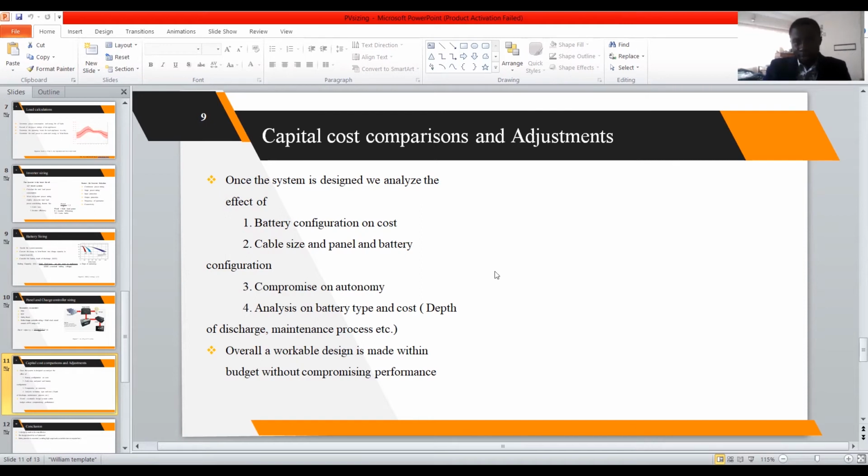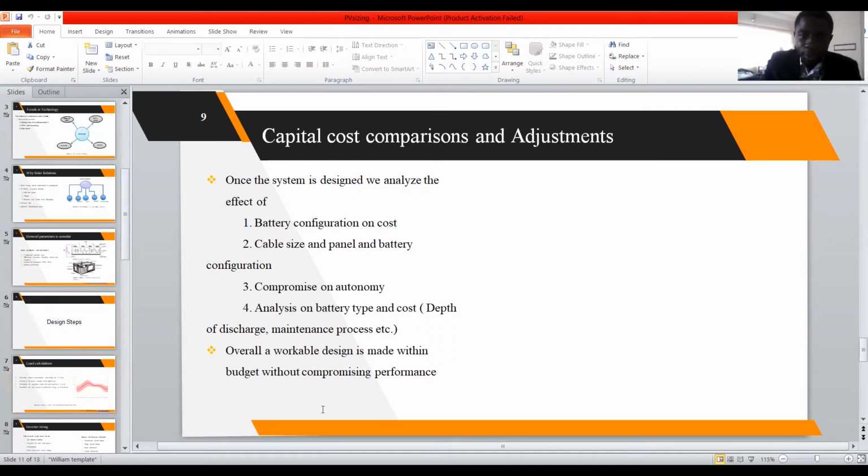But I've just seen that some people have just joined. I'm not sure if you can hear me. I'm not able to get your feedback, but I would be glad if someone just talked to me, because this is just a summary of how you do the design.